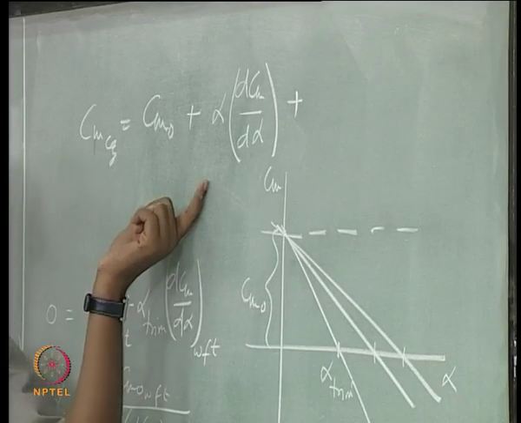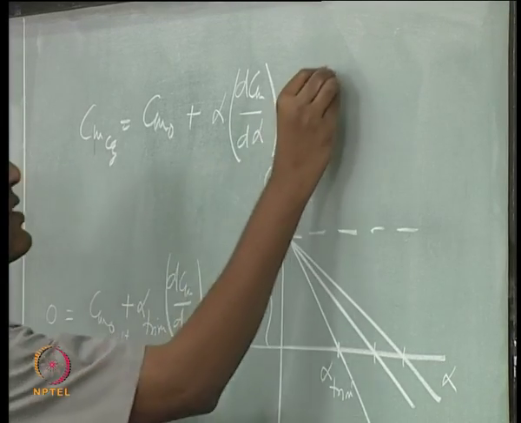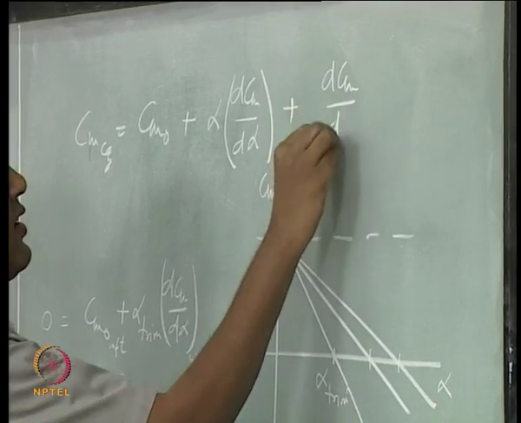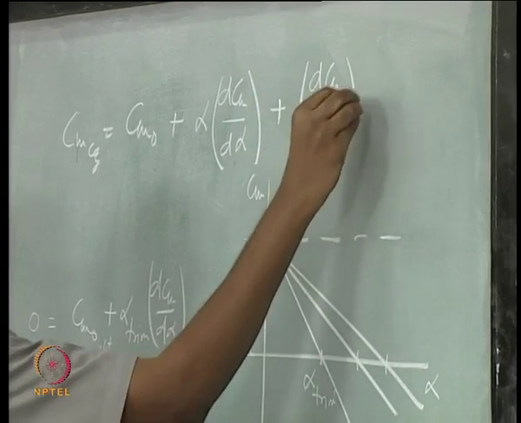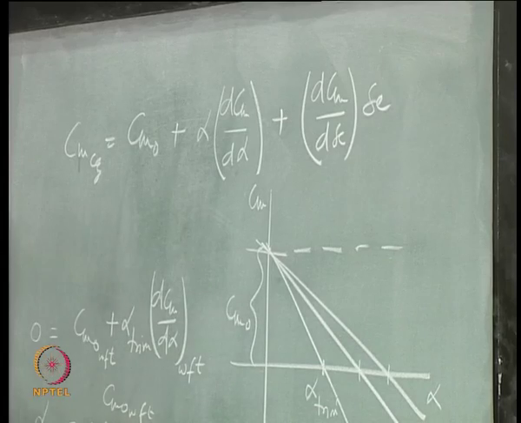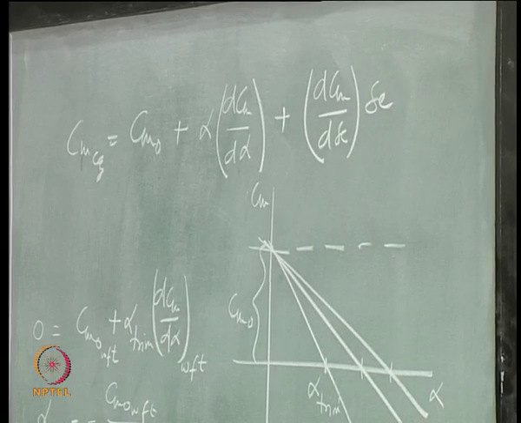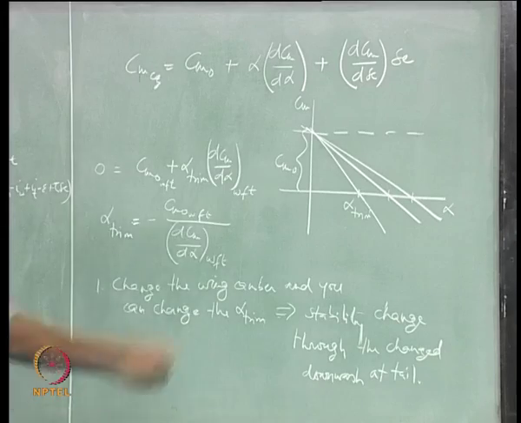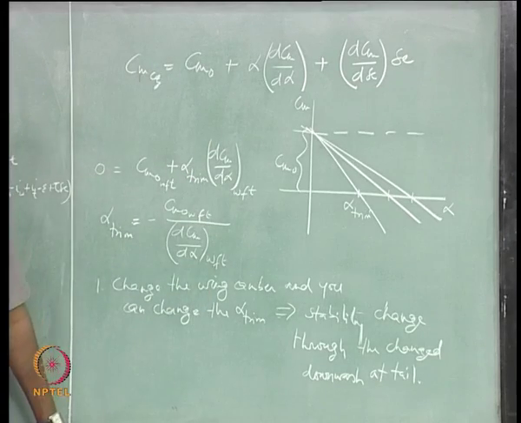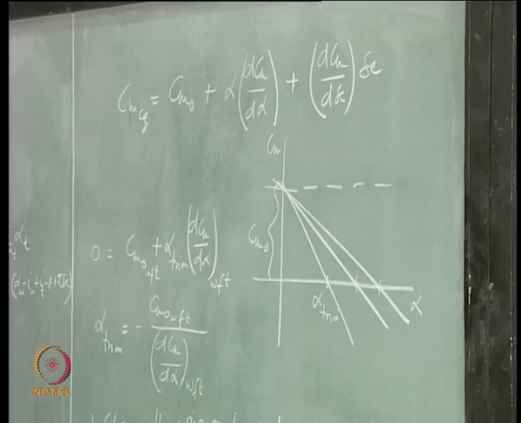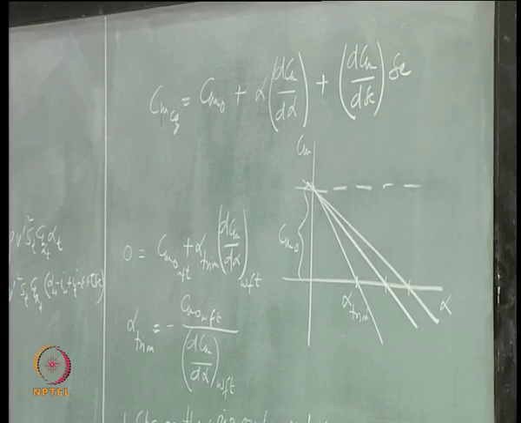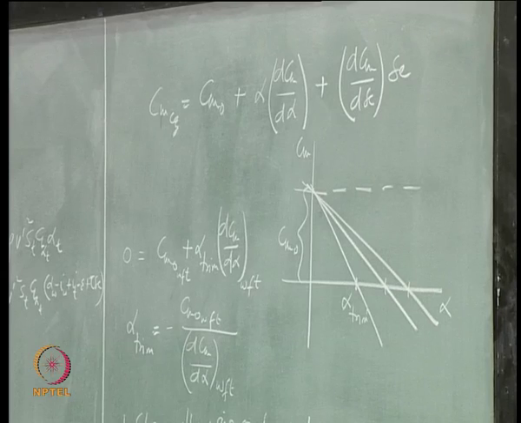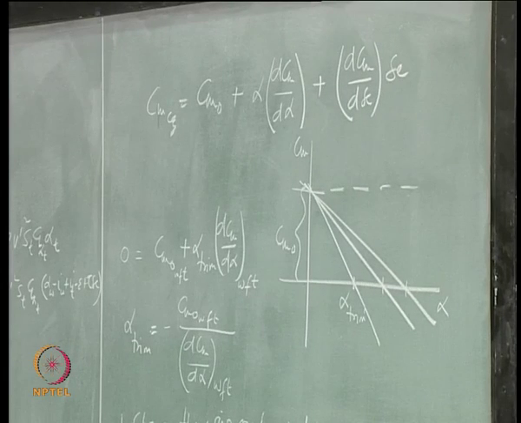When I add the elevator, what I get is, right, the new expression for the CMCG. Is it making any sense? Is it all right? Yeah. Any question?